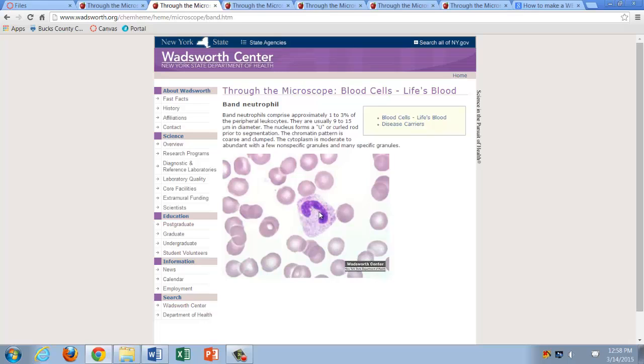It didn't get its segmentations yet. This is only about 1 to 3%, so if we see this increased, we know that there is an infection because the bone marrow is putting these out too early. An increased number of these would be our body's signal that we're fighting an infection.